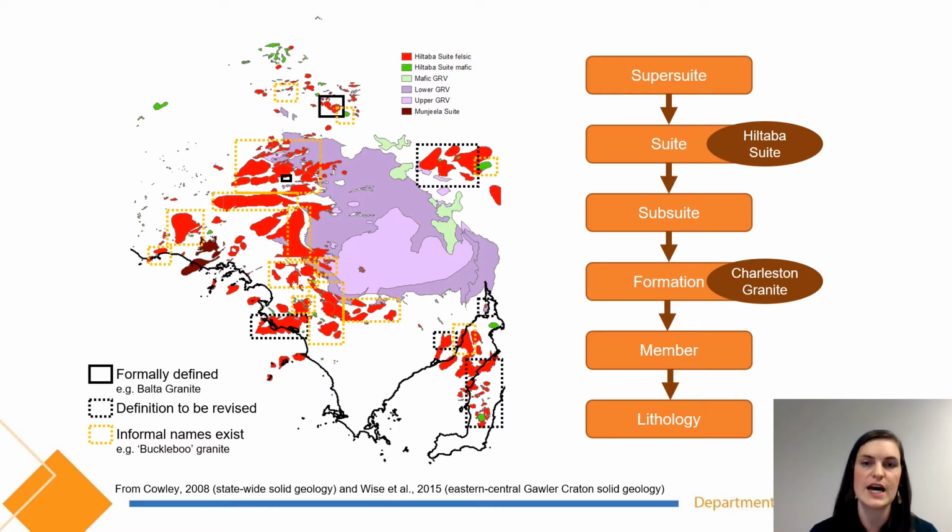Without being formalised and put into a hierarchy, it can be difficult to find and link information about the intrusions. I'm currently defining these informal units and cleaning up the stratigraphy. Most of the granites will eventually be defined at the equivalent level to a sedimentary formation or a member, and then they'll be grouped into subsuites.